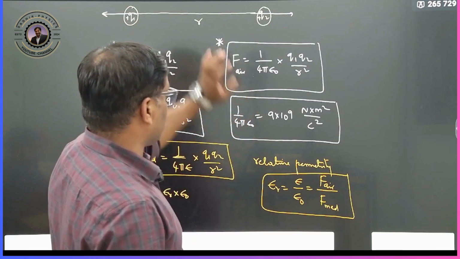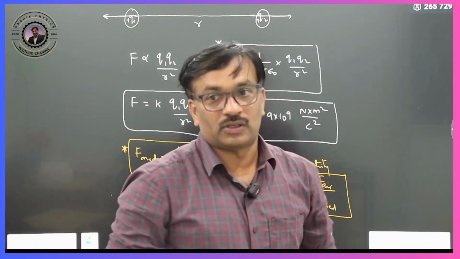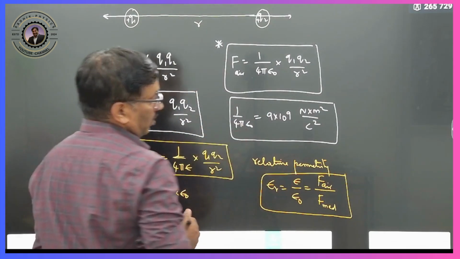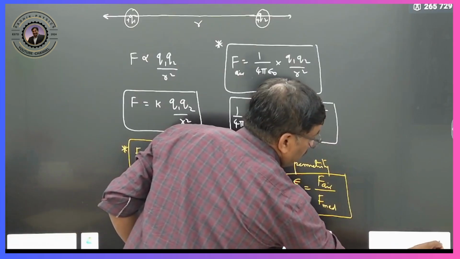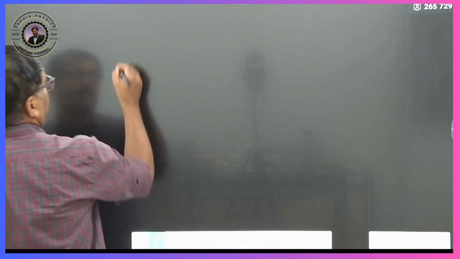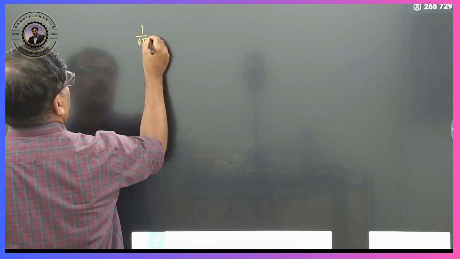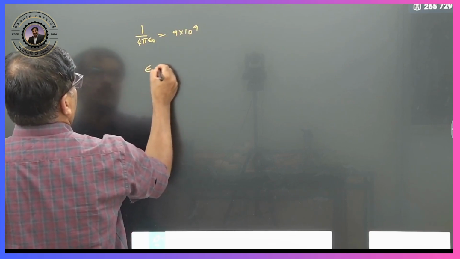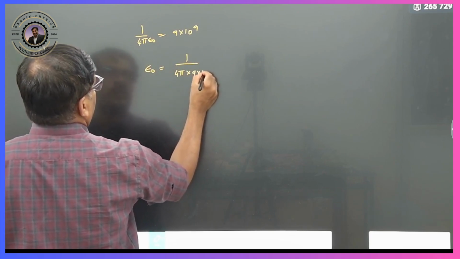Now we will study about this permittivity. Students, here we'll study the value. So the absolute permittivity, the permittivity of free space: what is the value? 1 by 4 pi epsilon naught is equal to 9 into 10 to the power of 9. So epsilon naught is 1 by 4 pi into 9 into 10 to the power of 9.